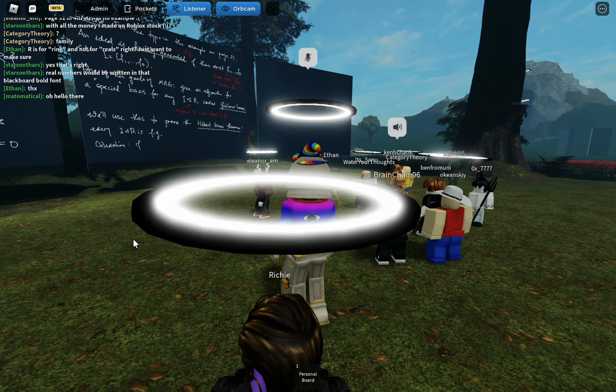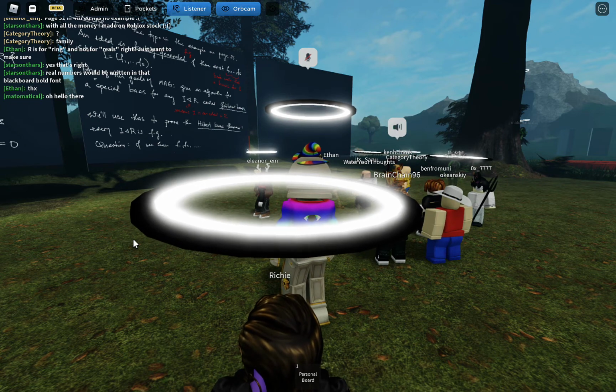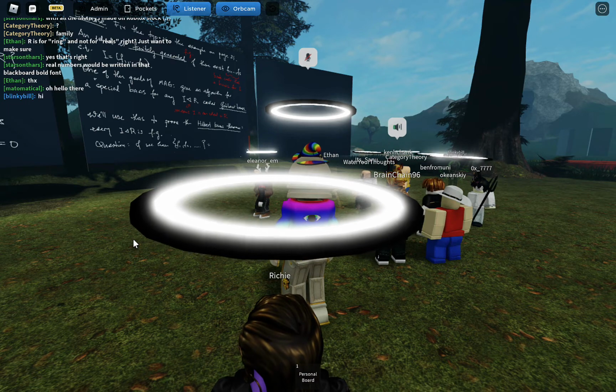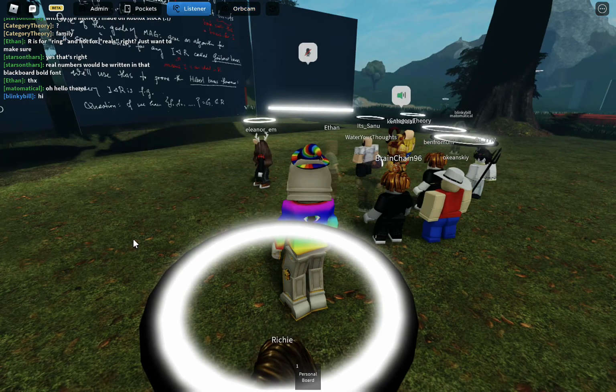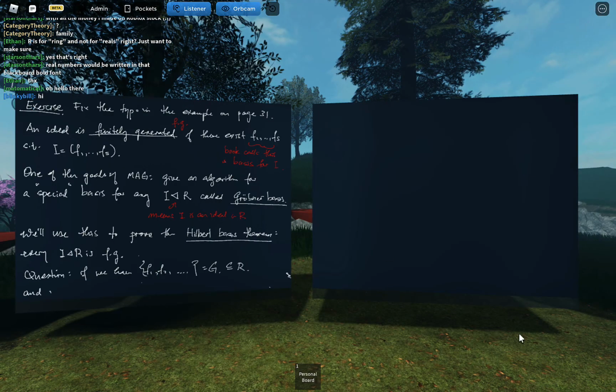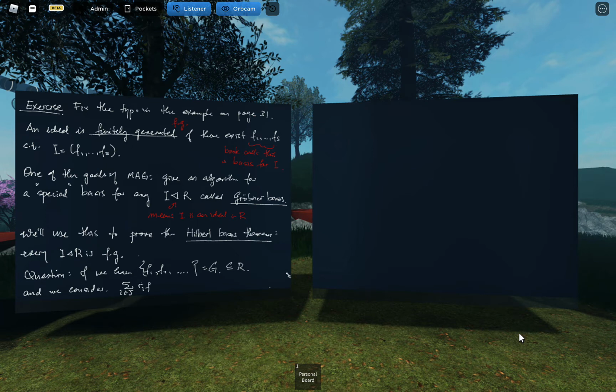of course, if we have f1, f2, all the way up to whatever, some infinite set of things in R, and we consider the same thing as we did before, this sum over the index set J of r_i f_i, where r_i is in R. Maybe that wasn't the best notation.